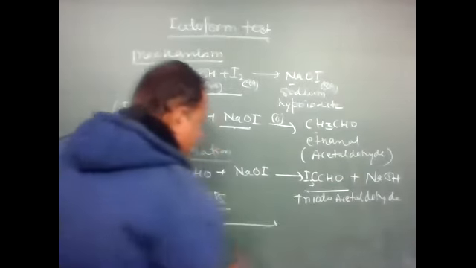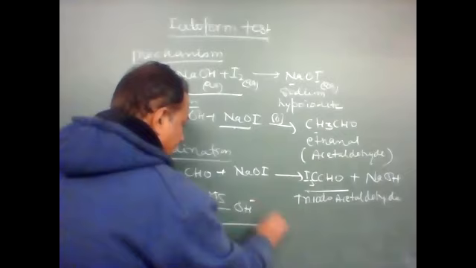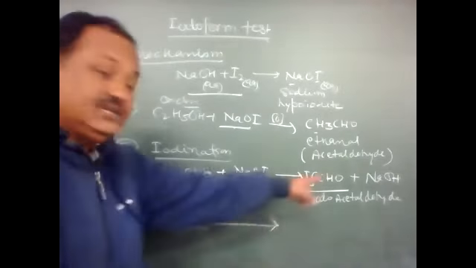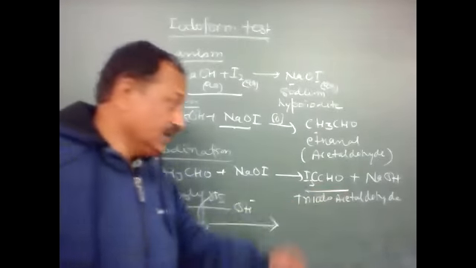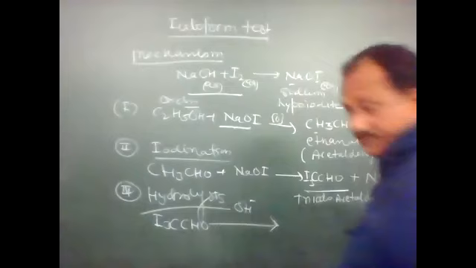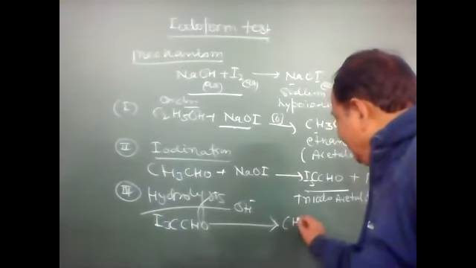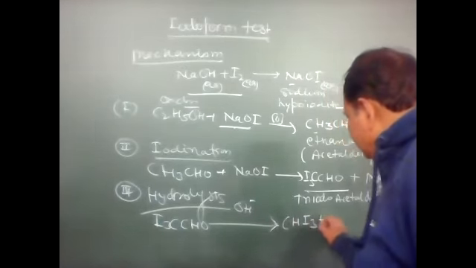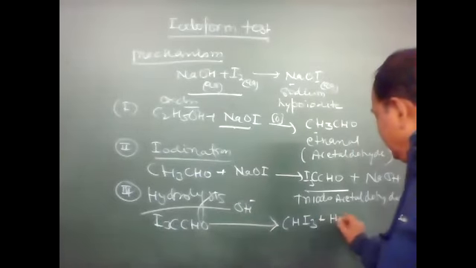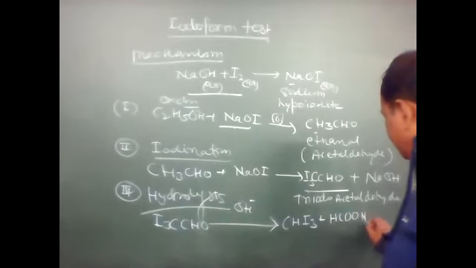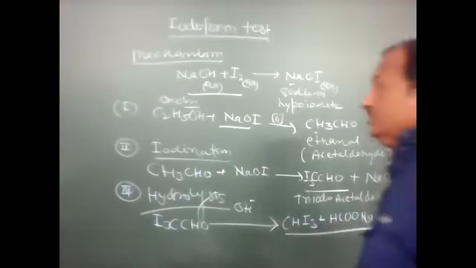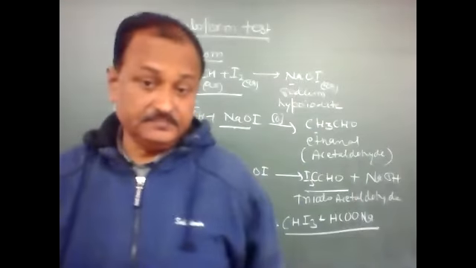Now here this OH, as it is very much dilute OH, it will break it, and there will be CHI3 plus HCOONa. So children, this is the mechanism of reaction.